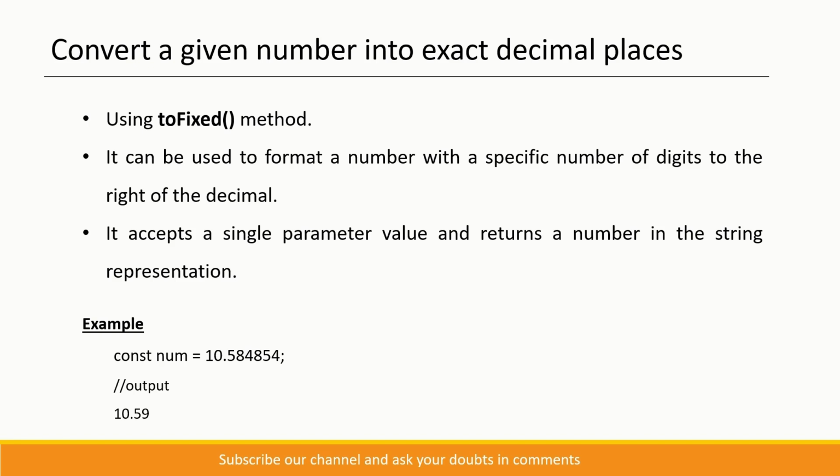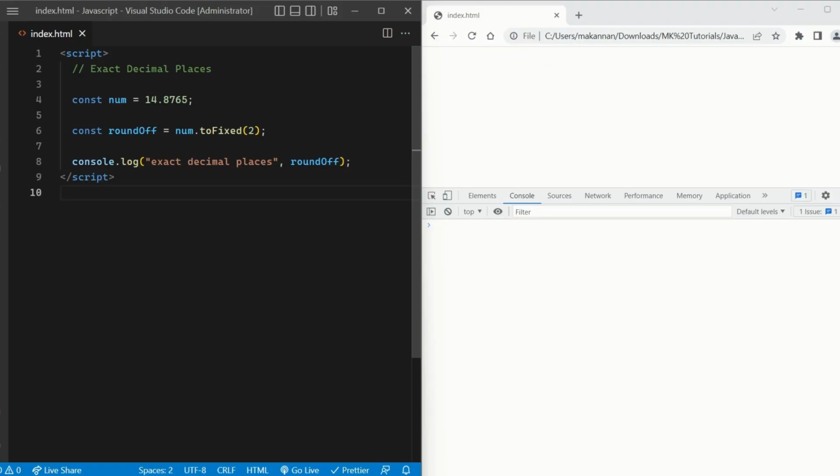The .toFixed method acts like the Math.ceil function. It means if the value in the decimal places is more than 5, it will come to the next value. See here you can see in the example 10.58, but the final output looks like 10.59. So the .toFixed method internally uses Math.ceil also, and it returns a number in string representation.